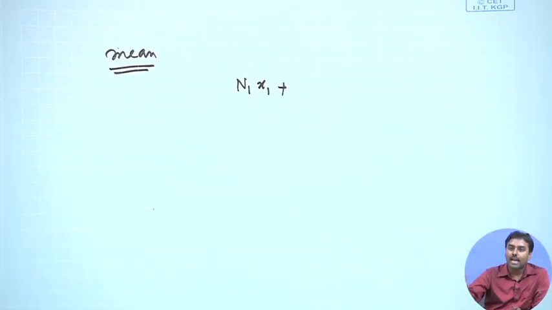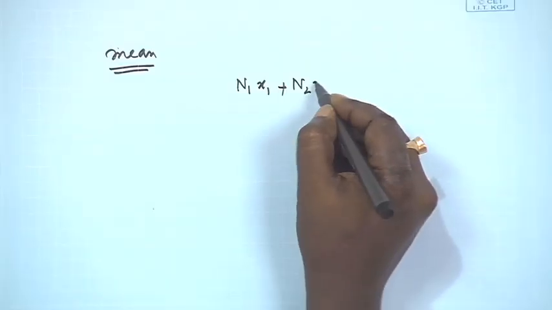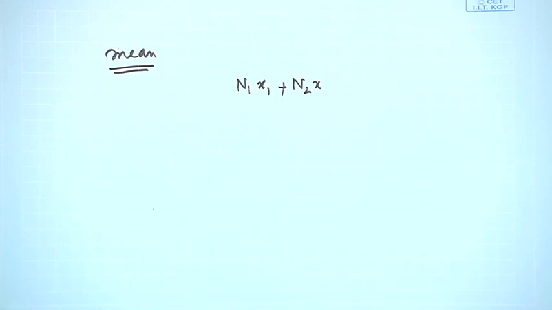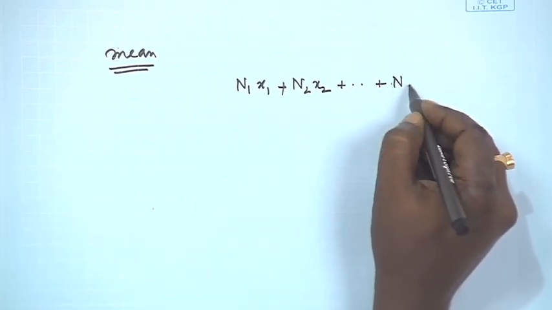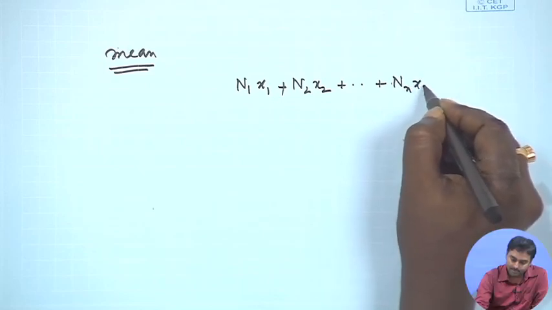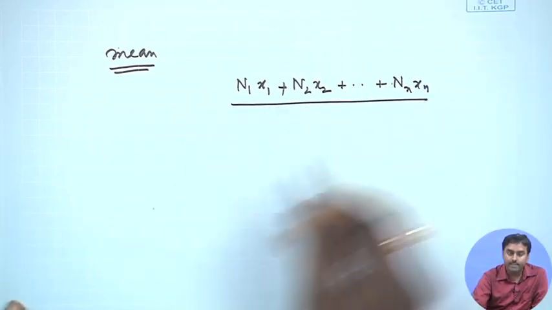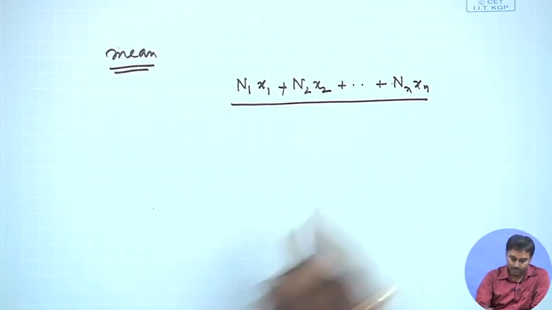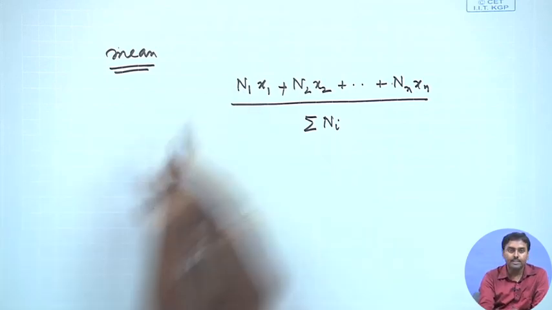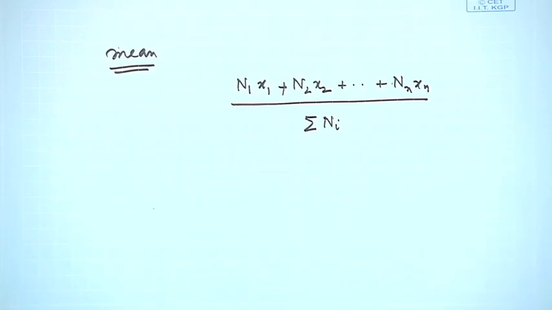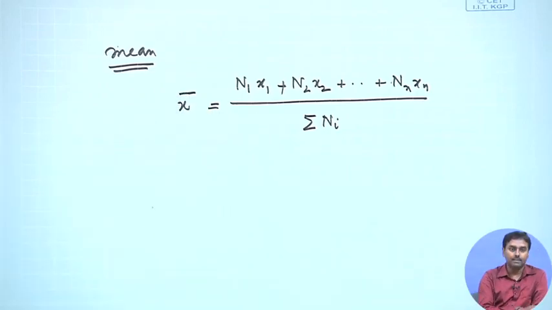Then I also calculate how many are between 5 and 6, take that number and multiply by the value it represents, x2, which might be 5.5. I do this for n such categories, the last one being xn, and then I divide the whole thing by the overall number of students, which is nothing but the sum of ni. In each category there were n1, n2, n3, ni number of students, so I divide by this sum. That gives me a sense of the average if I do it this way.